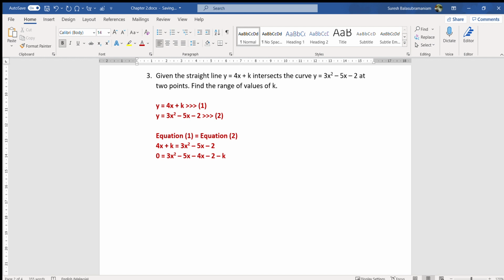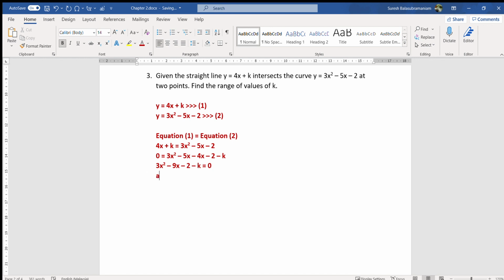Okay, let me check if I got all the terms correctly. 3x squared minus 5x minus 4x minus 2 minus k. Okay, correct. Now rearrange. 3x squared minus 5x minus 4x, you get minus 9x minus 2 minus k equals to 0.